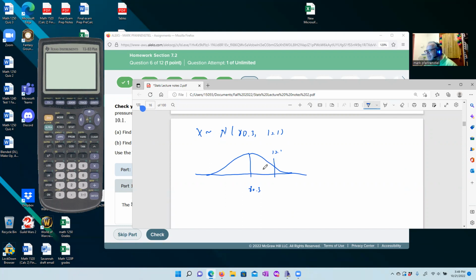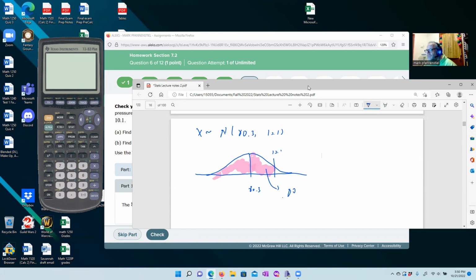So what's going to happen here? I want this shaded area to be 80%. We'll say this area here is going to be 80%, 0.80.